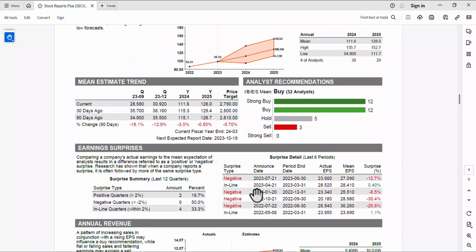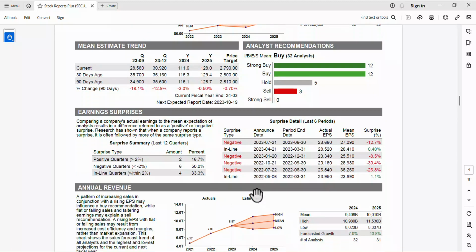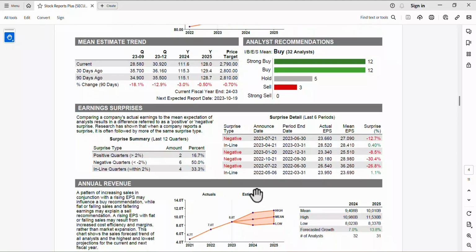Okay. तो ऐसे ही अर्निंग सरप्राइजेस के दिए हुए हैं क्वार्टर बाय क्वार्टर. So there was a negative surprise in one quarter, in line, with negative, in line. So the actual EPS was 23. The mean EPS which the analysts have calculated was 27, but the company reported only 23. So there was a 12%, 13% negative surprise in this quarter.